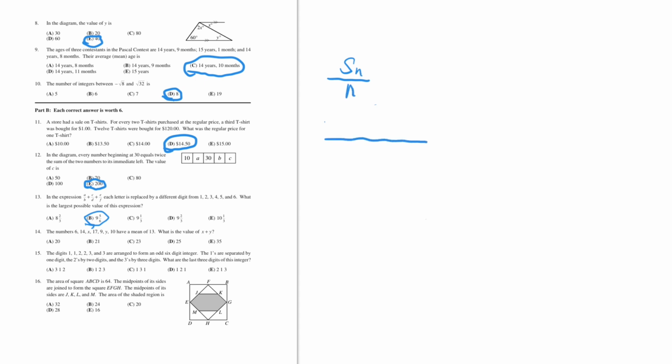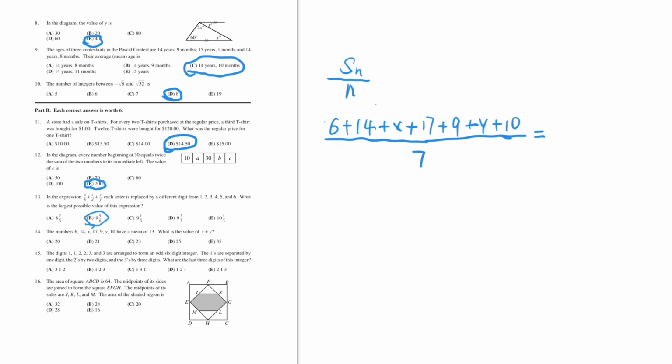So in this problem, the sum is 6 plus 14 plus x plus 17 plus 9 plus y plus 10, divided by 7 numbers.